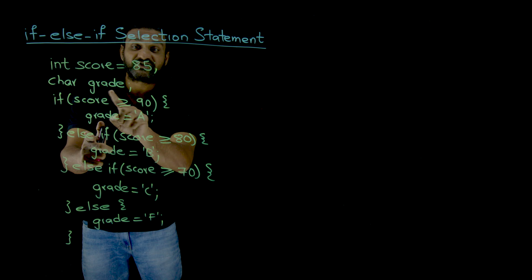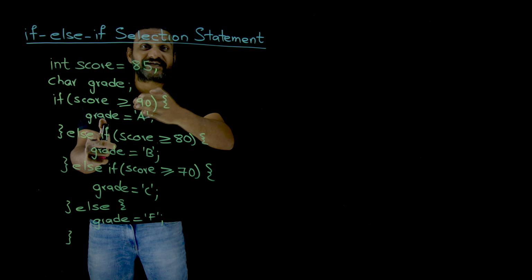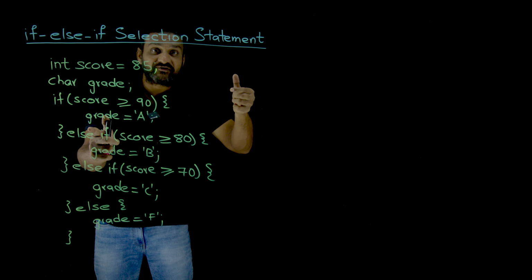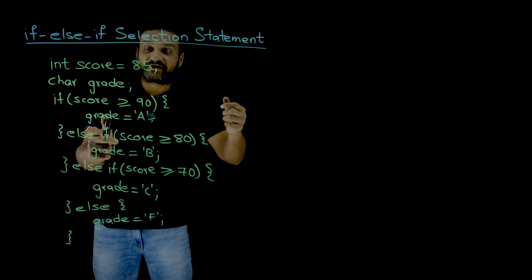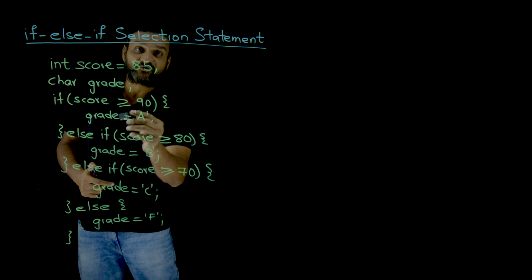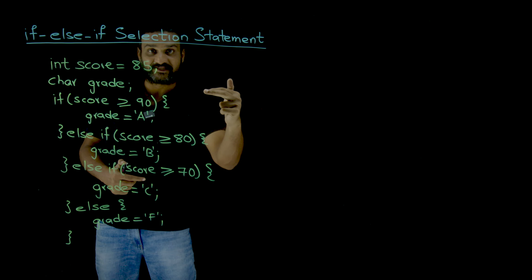Else, if this is not true, what is the second option that is available? In order to consider the second option, we have this else if statement. So far in our previous classes, we have seen the two alternatives, if and else.